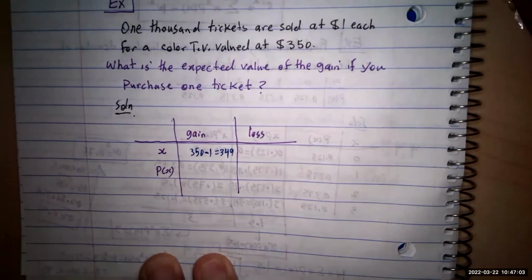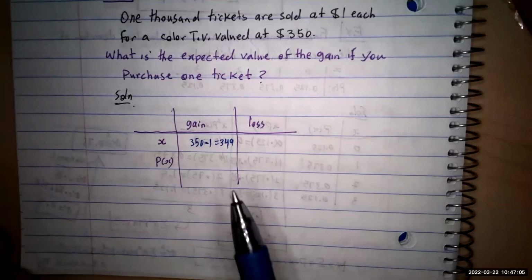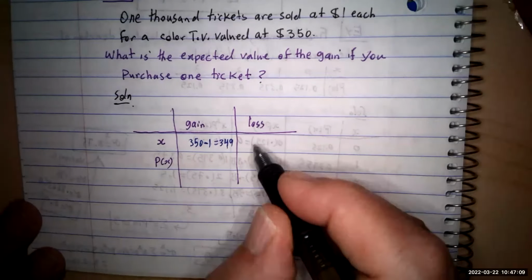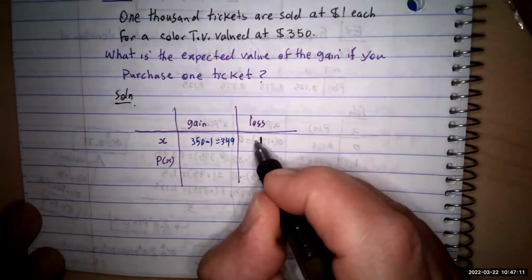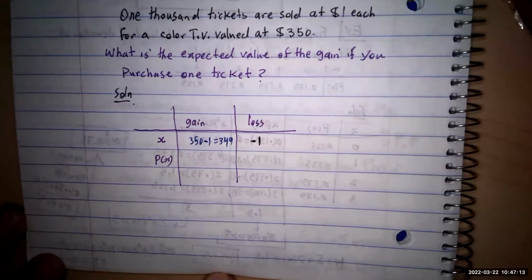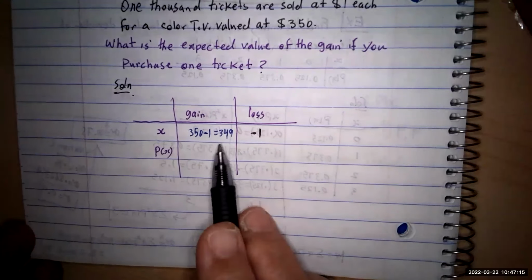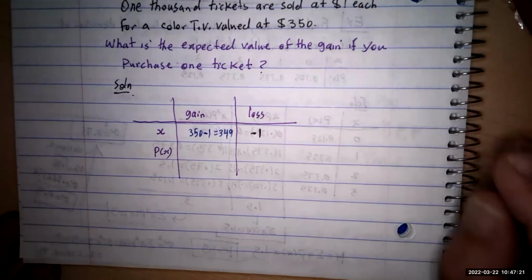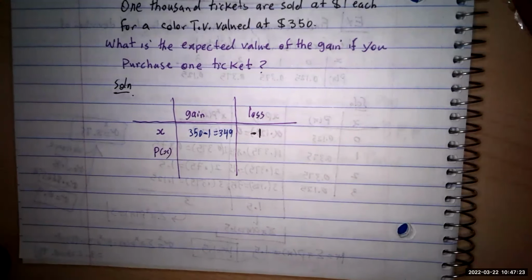So your loss is $1. What we usually do is identify the loss by a negative sign, the gain by a positive number, but the loss by a negative number. Any question? So you gain $349 because you already paid $1, and you lose $1.